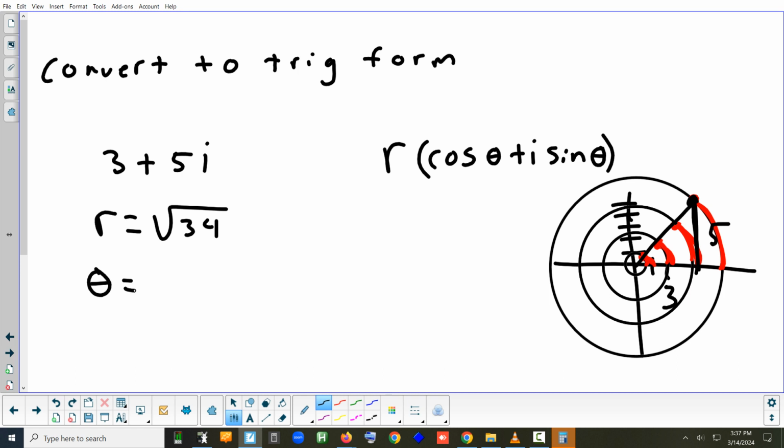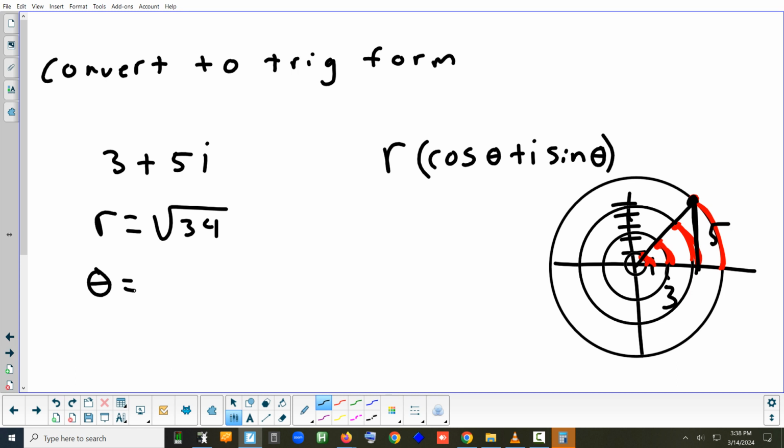And now my angle is in quadrant 1. What's the formula that we use to find an angle in quadrant 1? Is it sine over cosine?